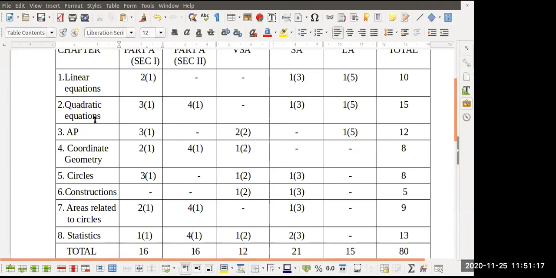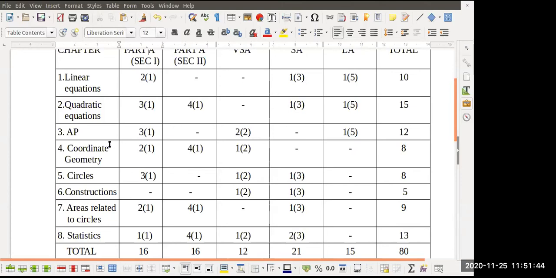By the blueprint, one context based question I am going to pick from quadratic equation, something related to graphs, maybe the graph of a quadratic equation. Coordinate geometry has so many options, because any position of any object with respect to a Cartesian plane can generate any number of questions. Then areas related to circles, I may give you a figure with a combination of circles and some smaller objects.